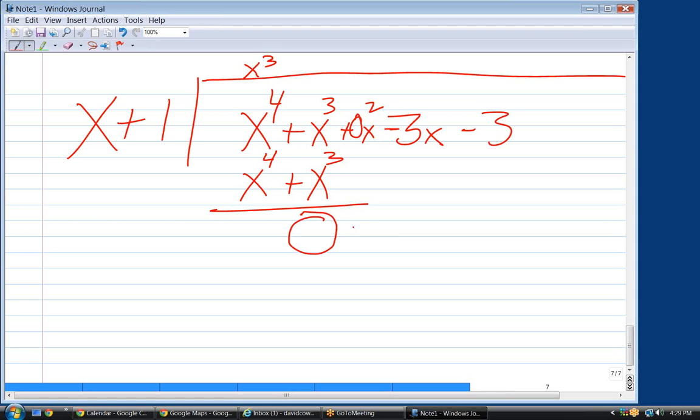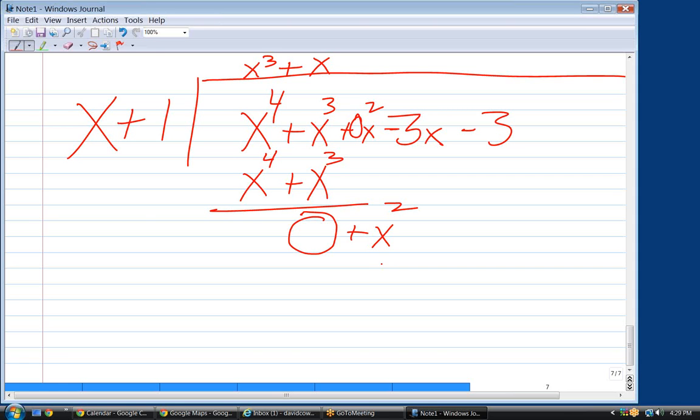Bring down the next term. Repeat. So is it just plus 0? What's x into x squared? Oh, x. Now multiply.